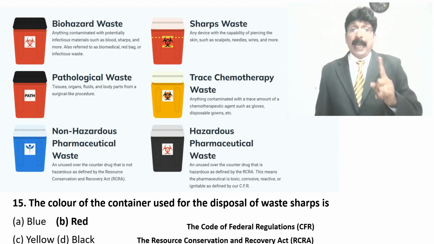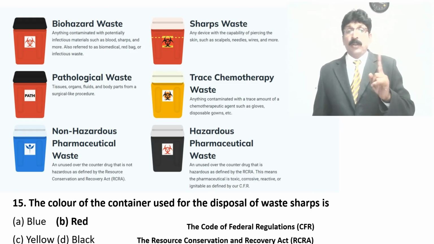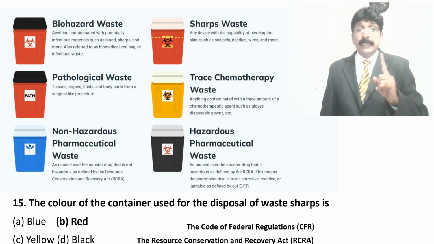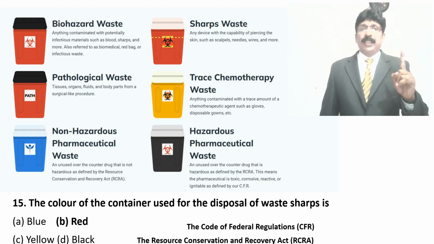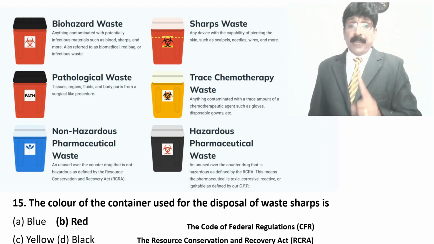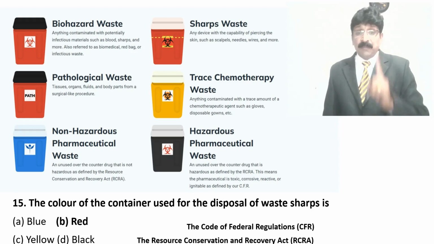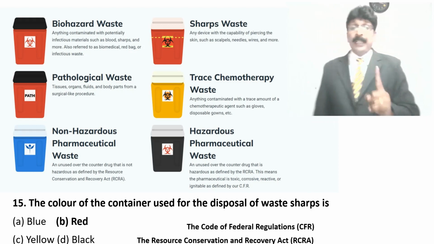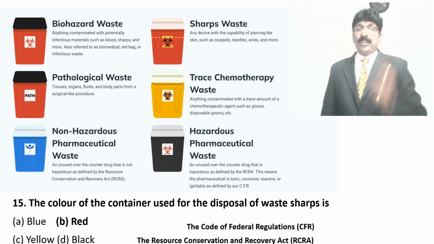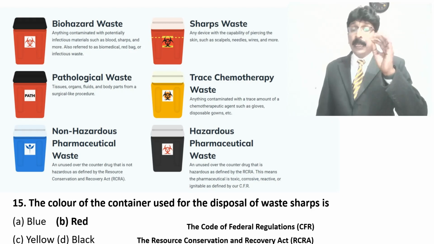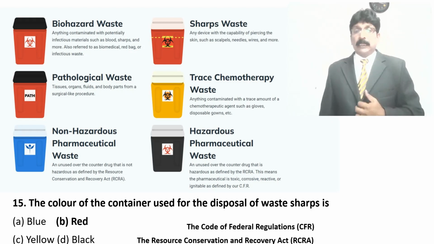Unused over-the-counter, that means OTC, drugs can also be hazardous, as defined by the RCRA, the Resource Conservation and Recovery Act, which gives this hazardous definition for pharmaceutical products. That should be dropped in the black type of vessels.